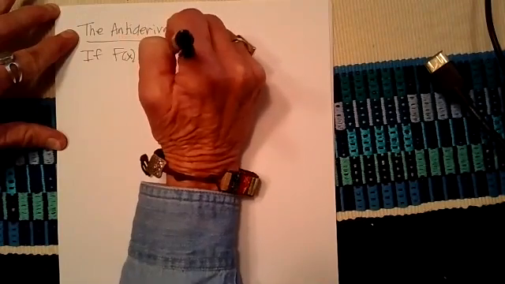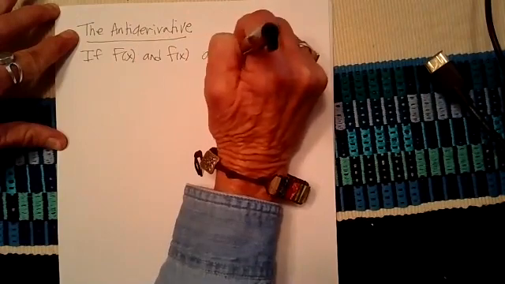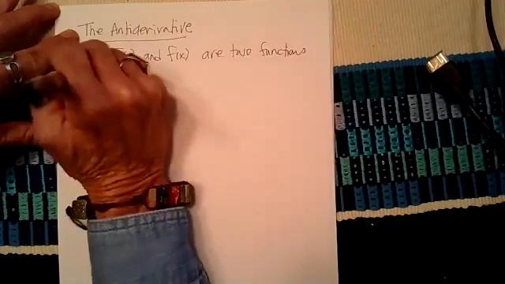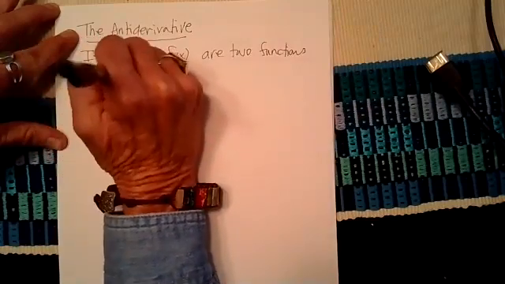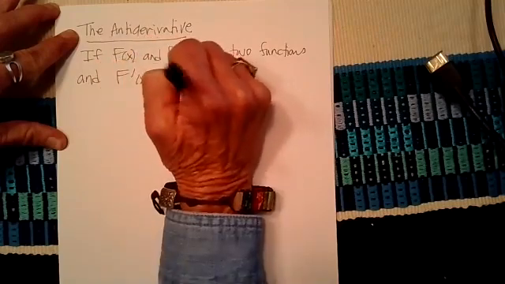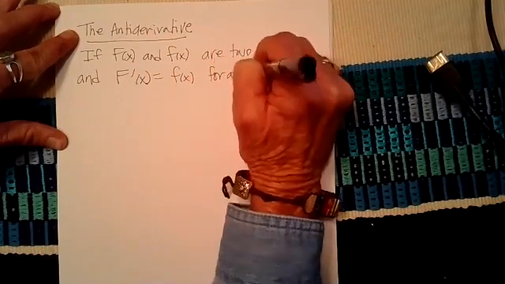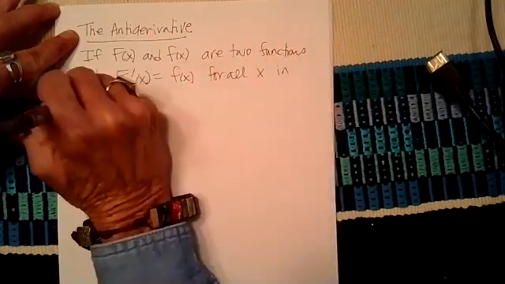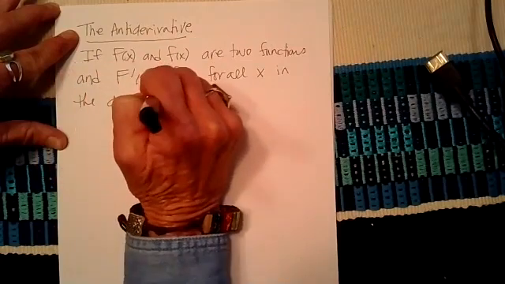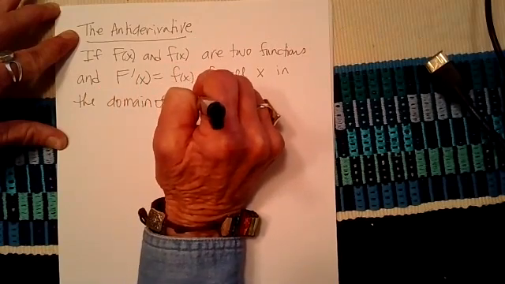All right, so if capital F of X and little f of X are 2 functions and the derivative of capital F of X is equal to little f of X for all X in the domain of little f of X, okay?